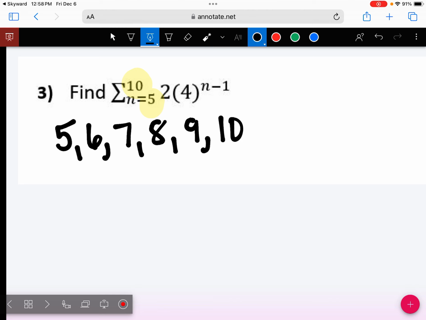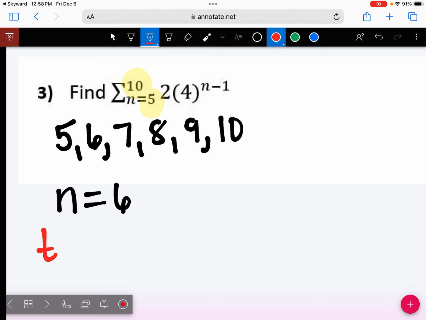Well, if you look at those numbers I just wrote, how many numbers did I just write? 6. I only wrote 6 numbers. So that means in this example, n is 6. Again, that's because this tells me to add the 5th term through the 10th term. So that would be 1, 2, 3, 4, 5, 6 numbers. Since I'm not starting with 1, I don't need to know T1.